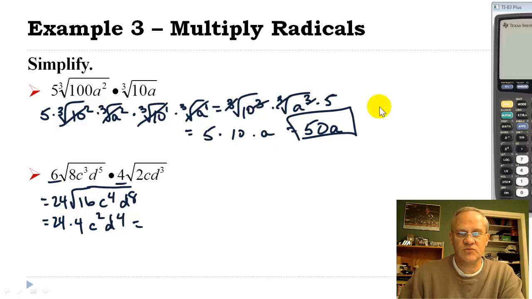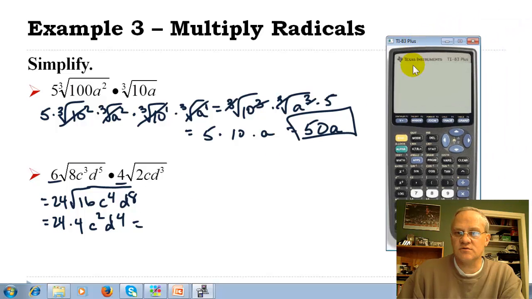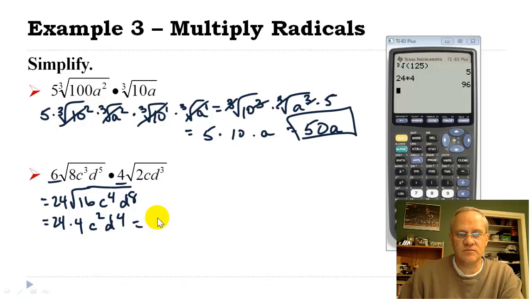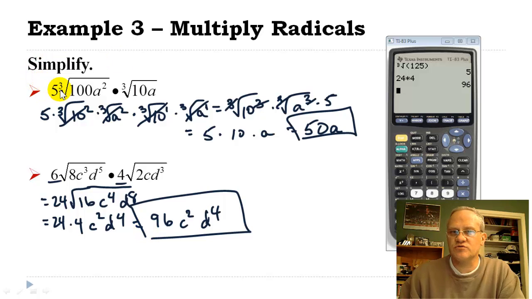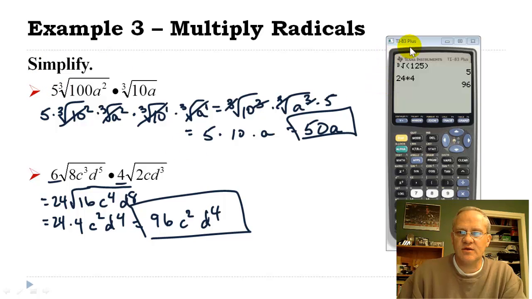Last step, 24 times 4. 96. So we got 96 c squared d to the fourth. Usually the square roots are a little easier to deal with than cubed roots and fourth roots and things like that.